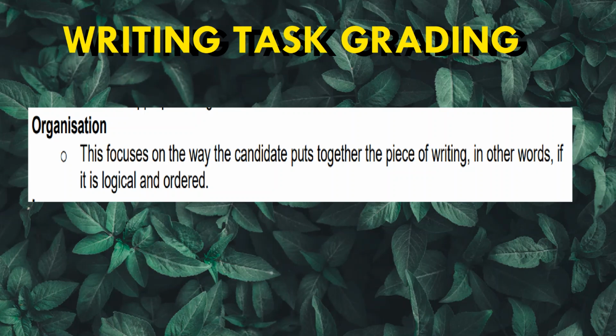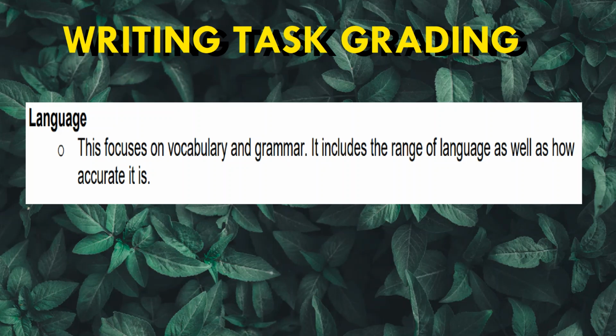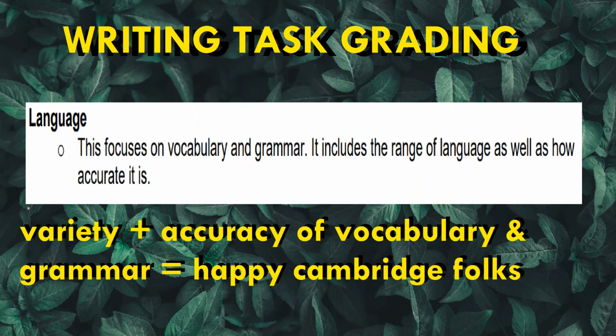And finally, your language. This basically focuses on two things, your vocabulary and your grammar. Essentially, Cambridge is looking for variety here. They want to see a range of language used, but they don't want you just becoming a human thesaurus. They want you to use accurate words as well.